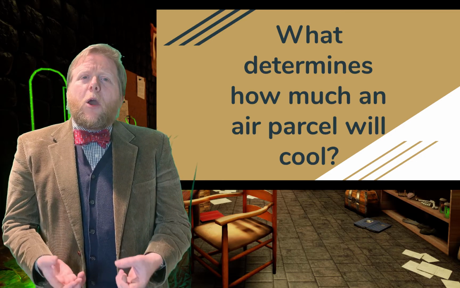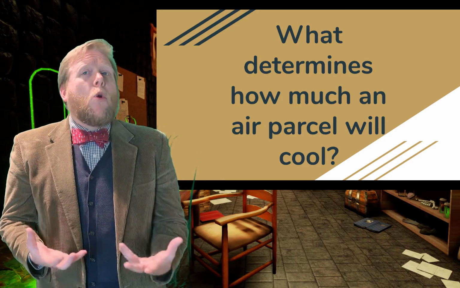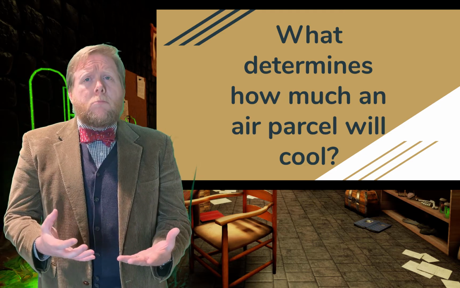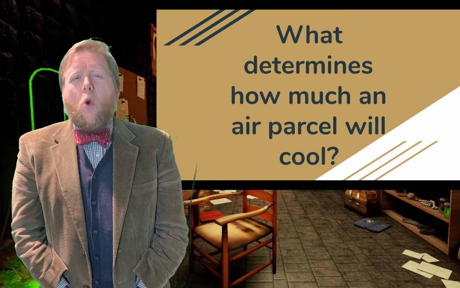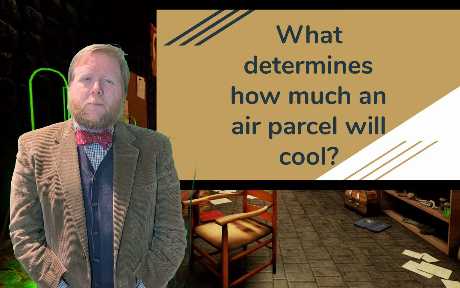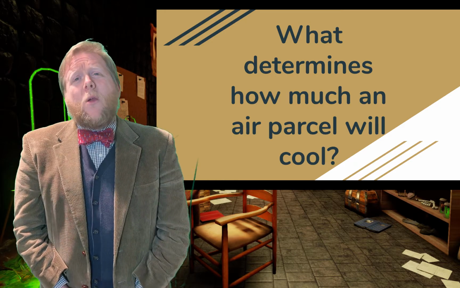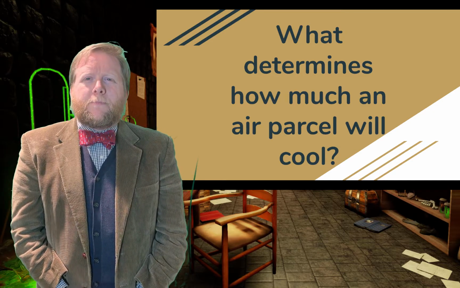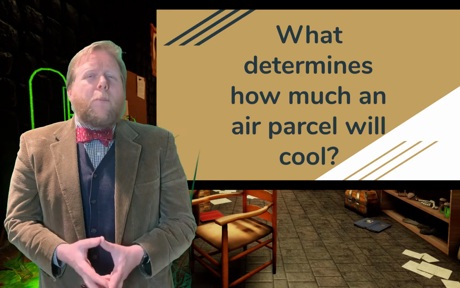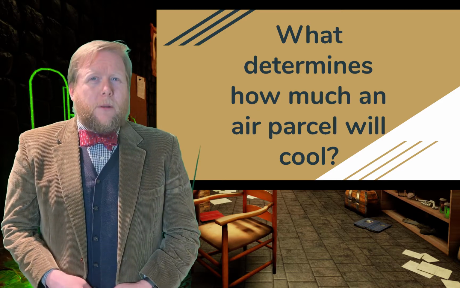That energy will then be transferred to the air and warm up an air parcel. So, the more sunlight that strikes the surface, the warmer an air parcel will be. Well, we also saw that a warmer air parcel will rise up into the air. The warmer an air parcel is, the higher it will go up.